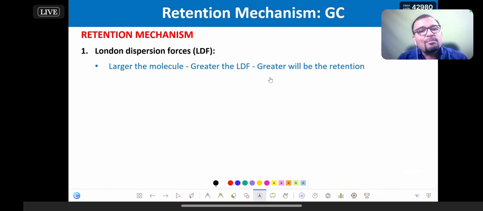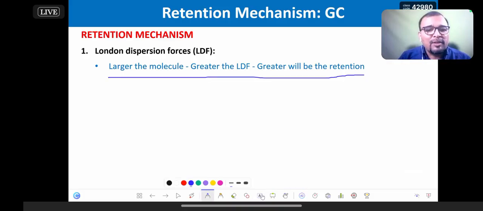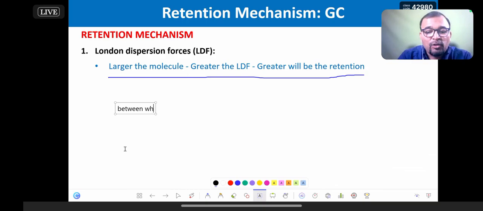So the larger the molecule, the greater the London dispersion force and the greater the retention. Now please understand here, we are talking about the London dispersion force between whom?